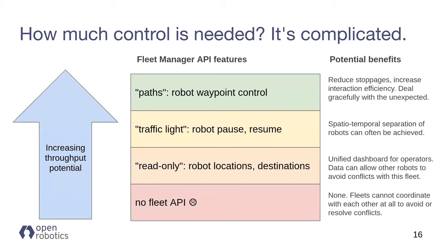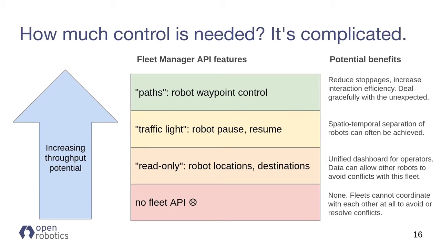Now, one of the big problems with trying to integrate different vendors is that you don't have the same access to all the robots. Sadly, not all the robots are open source. You go to a facility, and that facility might have a fleet of robots that are not open, and the vendor is not willing to open that much.